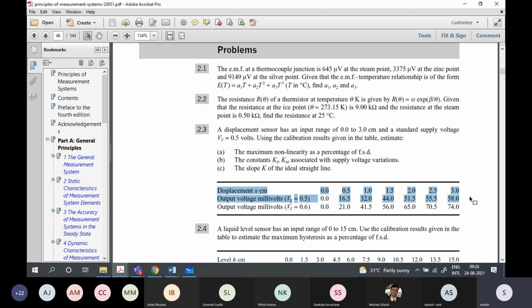Typically you can define the straight line in two ways. One is the best fit straight line. So do you know how to calculate the best fit straight line formula for this data? Can you calculate the best fit straight line for this data? Did you do it in the lab ever?